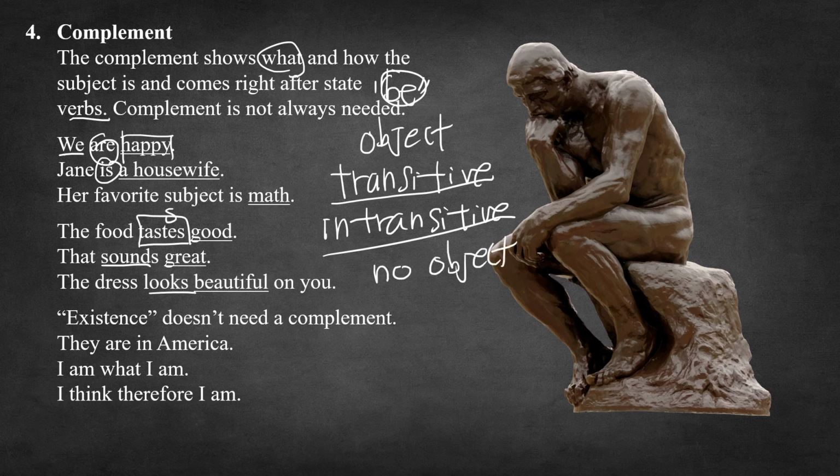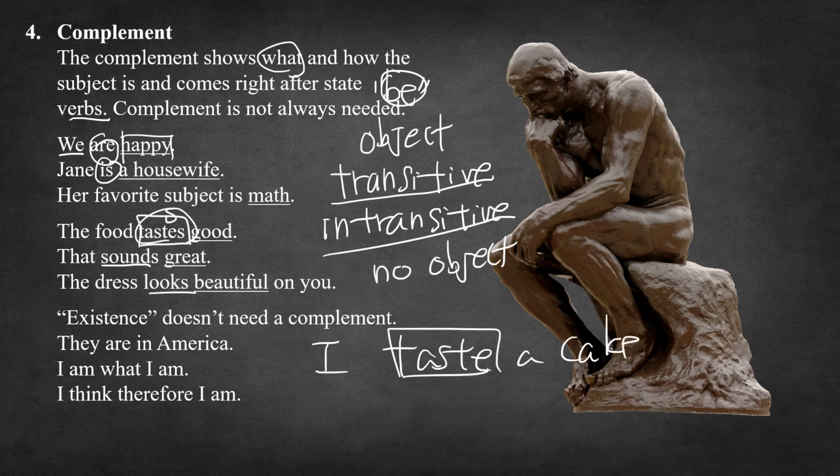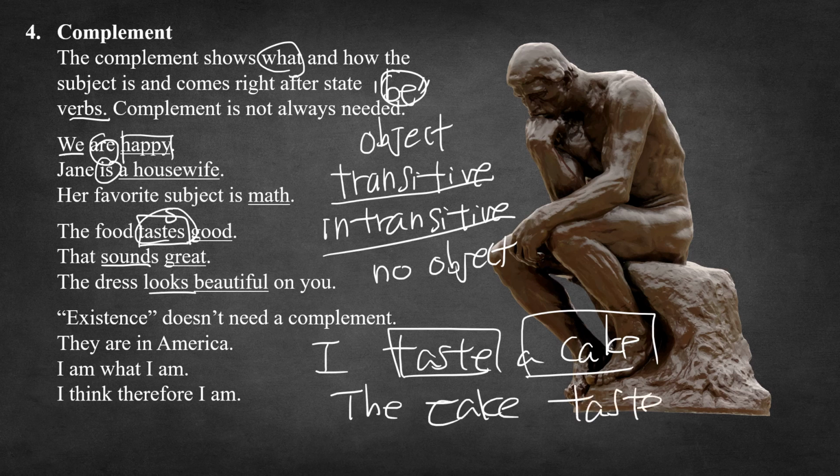Look at this. Taste. Okay, I taste a cake. This one, taste, is transitive. So a cake is the object. But you can say the cake tastes good.